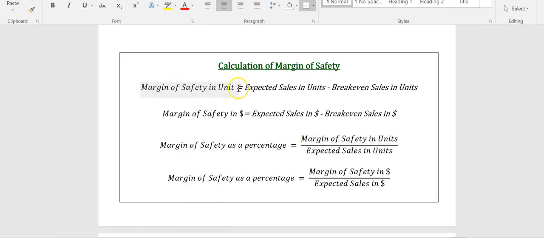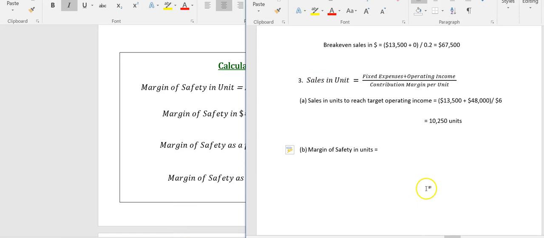So margin of safety in units equals expected sales in units minus break-even sales in units. Right. So it's the given sales, so what's their total sales in units minus break-even sales in units. If you want, I can show you the formula here, but it's very basic. I hope you all will be able to remember it.